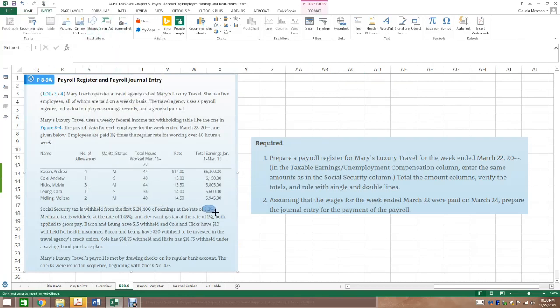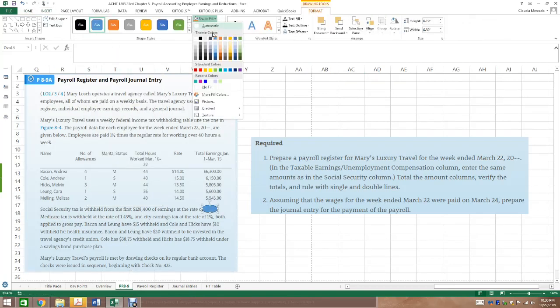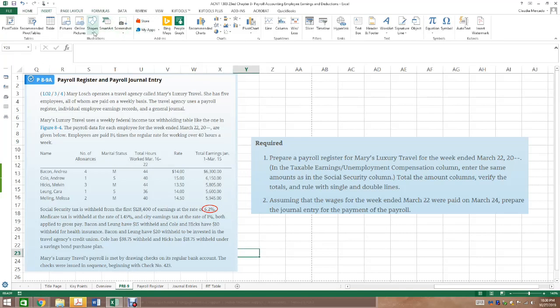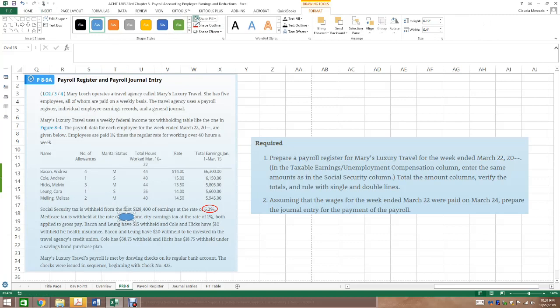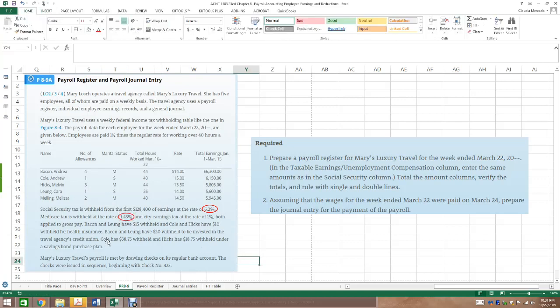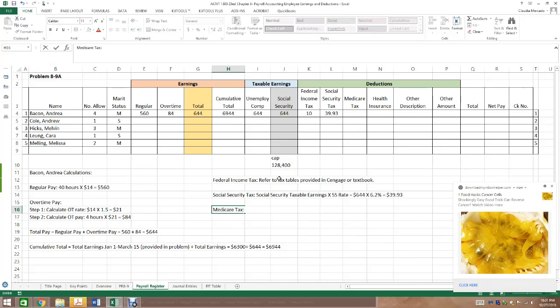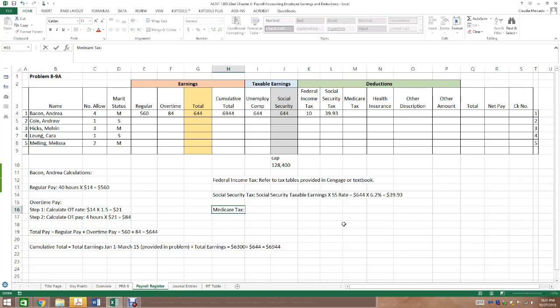So my rate here is 6.2%, and my other rate here is 1.45% for Medicare.